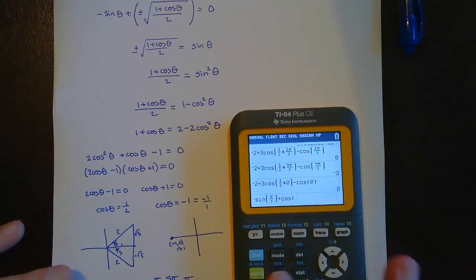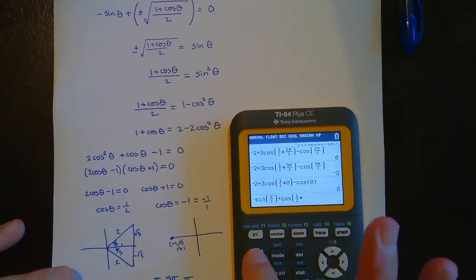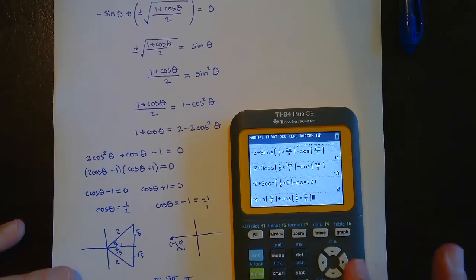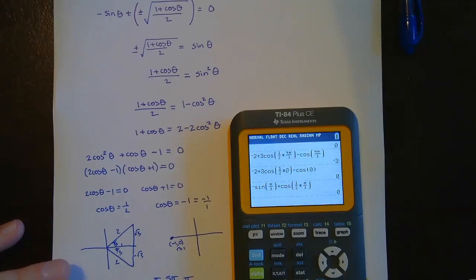So I'm going to multiply by 1/2 instead of dividing by 2. And my theta is pi over 3. Okay, do we get 0? And we do, right? So pi over 3 works.